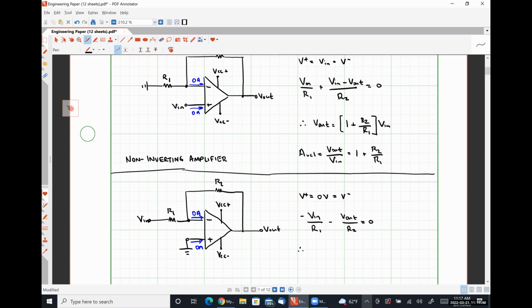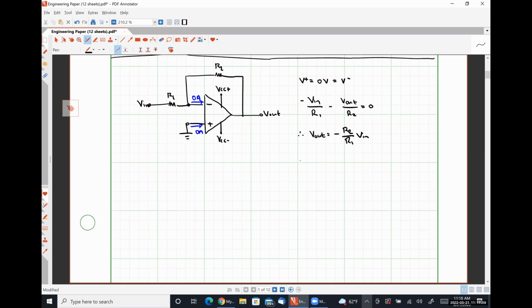And with a little bit of algebraic manipulation, we find that V out is simply negative R2 divided by R1 times Vn. And therefore, we have a closed loop voltage gain V out over Vn that is simply negative R2 over R1.